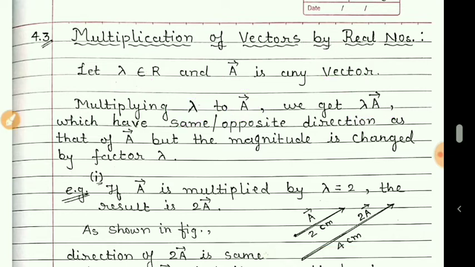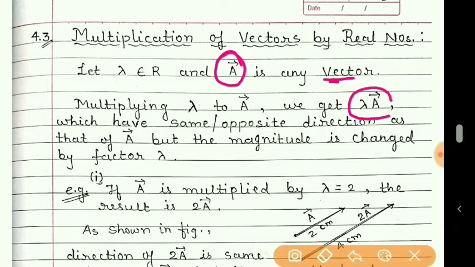So students, here vector a is a vector quantity, and after the product the result obtained is lambda into vector a. Again the result is a vector quantity. So whenever a real number is multiplied to a vector, the result is also a vector only.